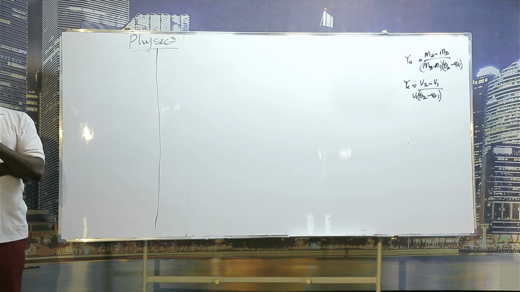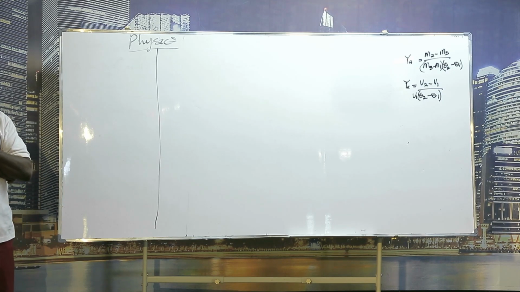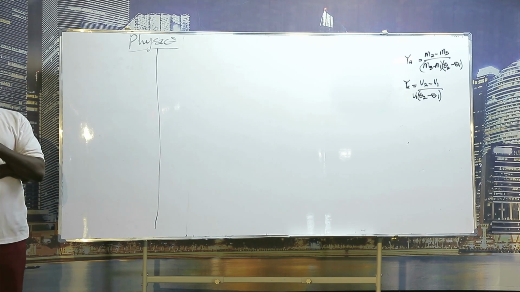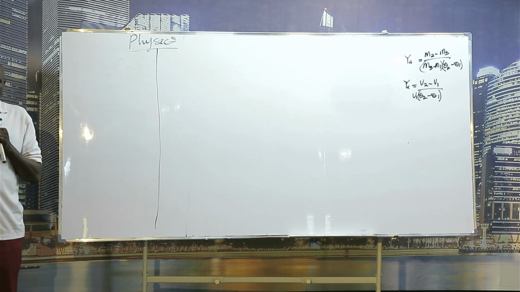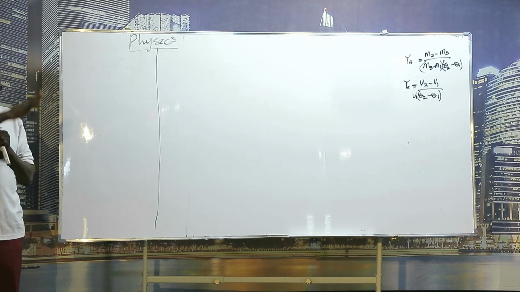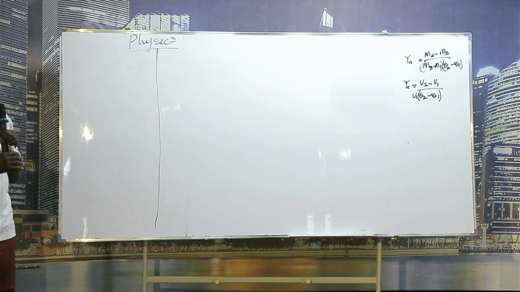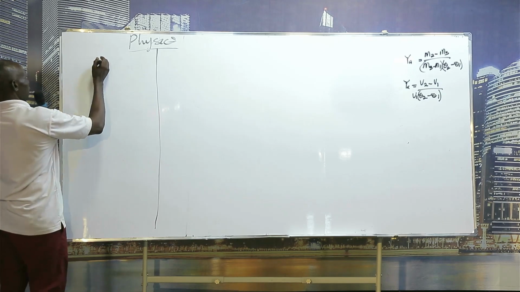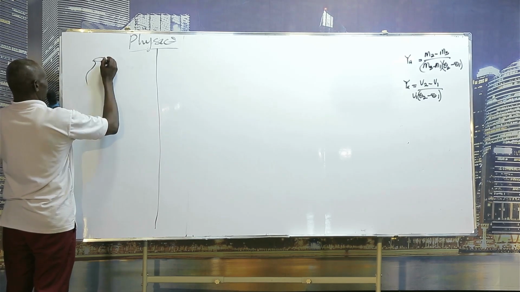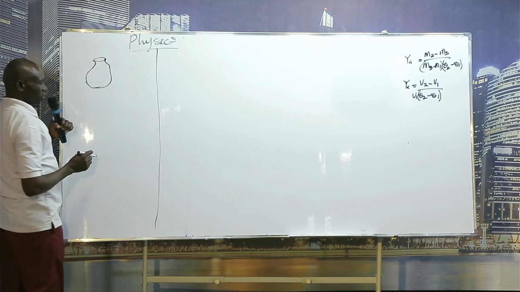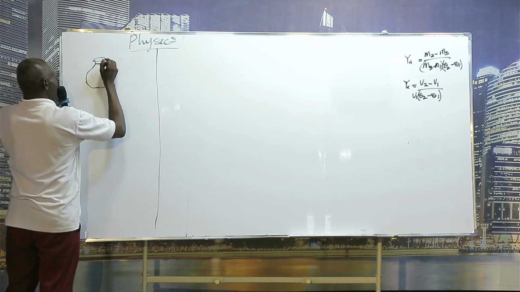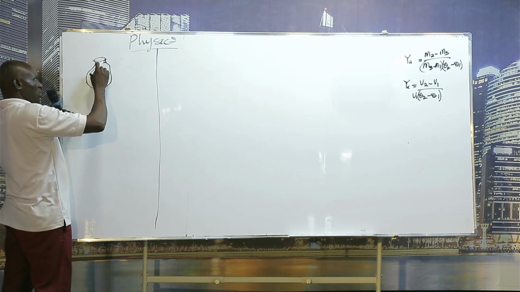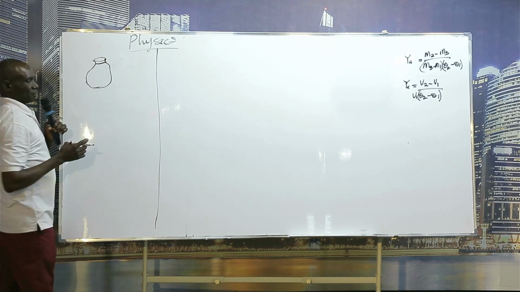Repeat that topic again. Now, I want you to look up here. If I pick a density bottle, I will not describe anything on the board. I just want you to listen. This is the bottle, and this bottle has a graduation mark where, when you are pouring any liquid, you must stop.